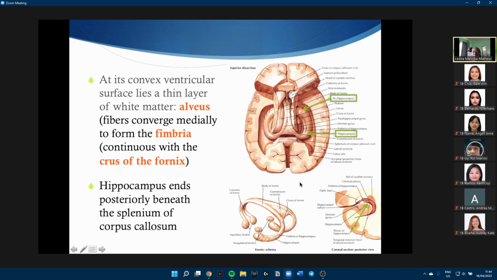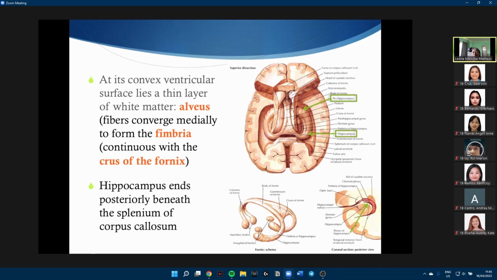Now, lastly, we make note that the hippocampus ends here at the posterior end of the corpus callosum, specifically at its splenium.